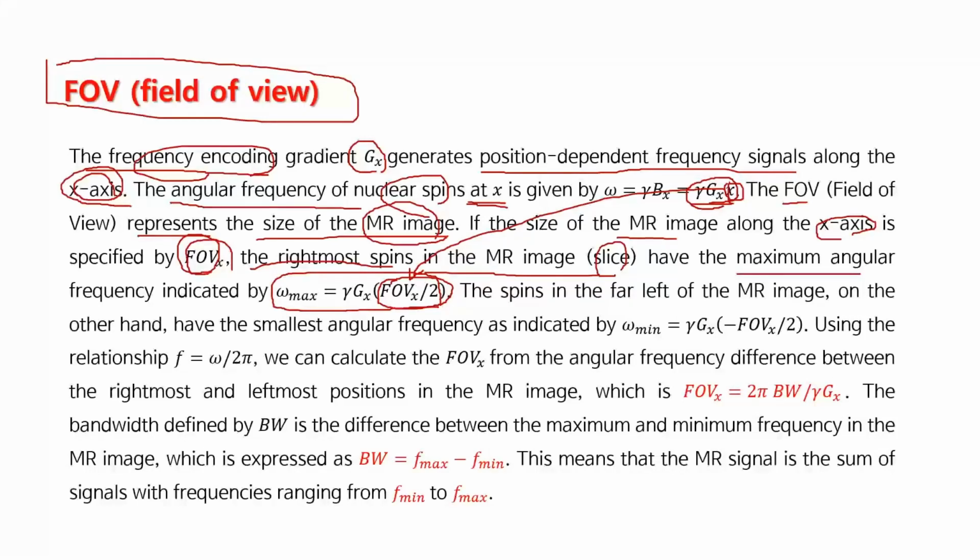The spins in the far left, so this gives at this position. There's the center of the image, and here FOVx over 2, and this position minus FOVx over 2.